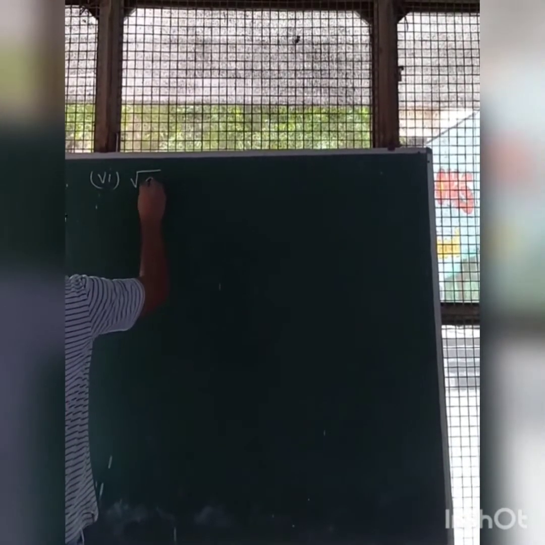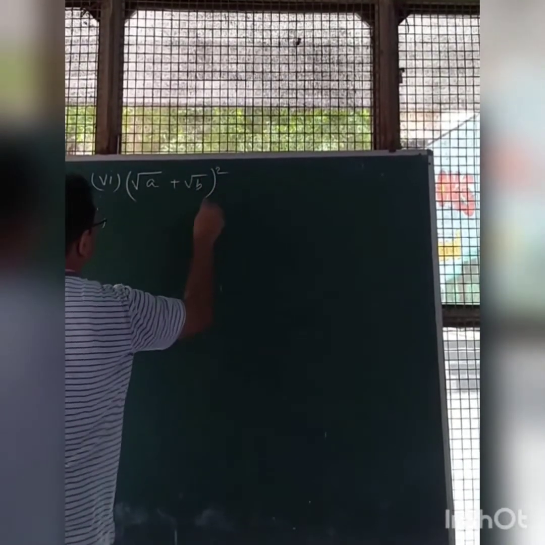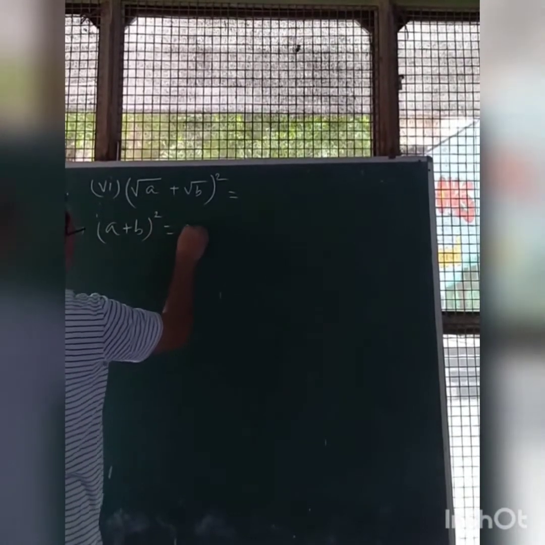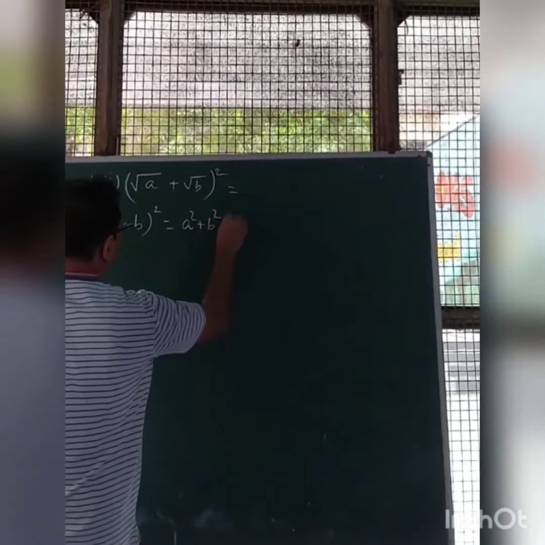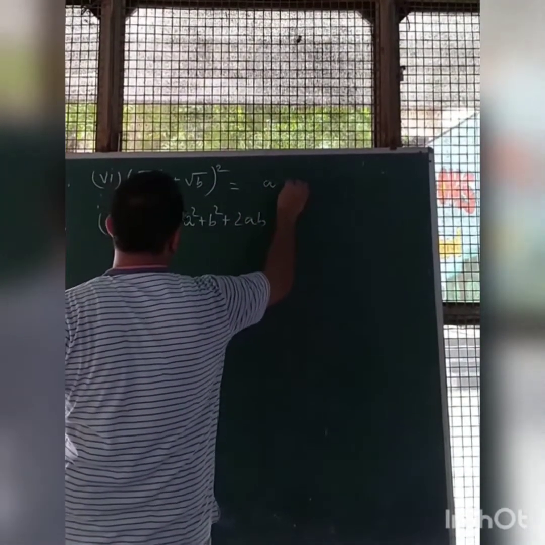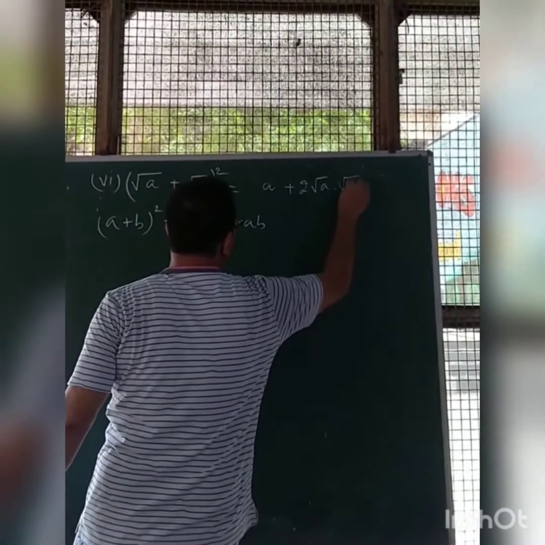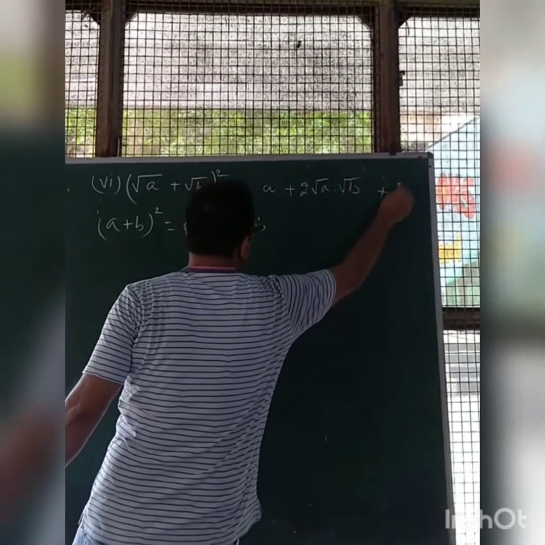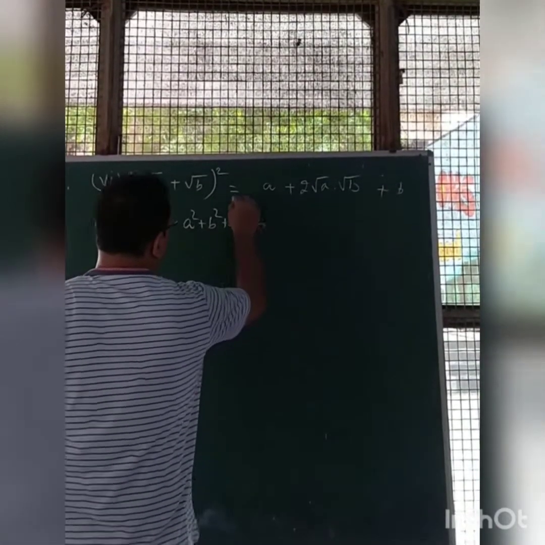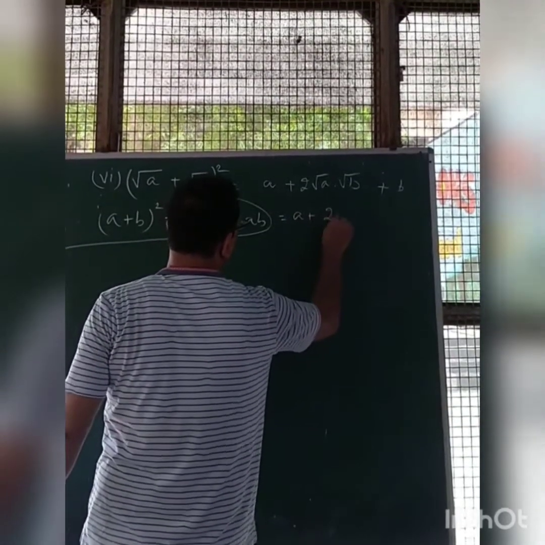Now sixth one, under root a plus under root b whole square, same as a plus b whole square: a square plus 2 under root a under root b plus b, is equal to a plus b plus 2 under root ab.